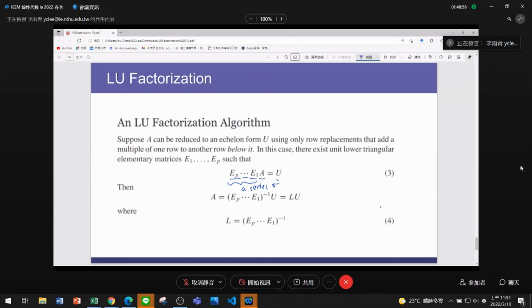According to its order, the first row operation we made on A is E1, and then E2, E3, until EP.